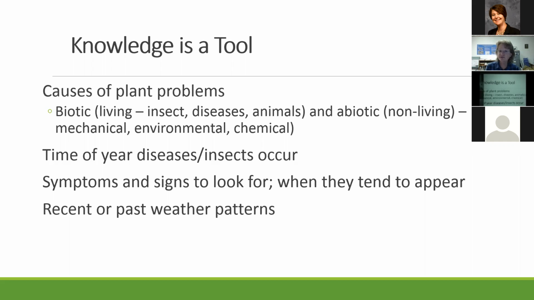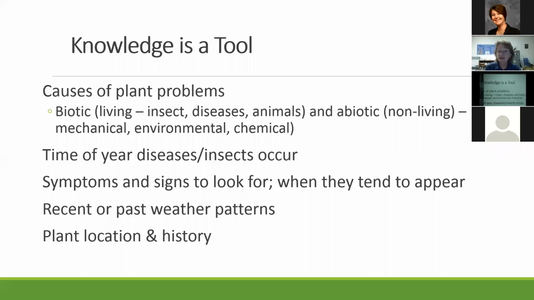But it takes 3 to 5 years, depending on the health of the plant to begin with, before we start seeing those symptoms. So a lot of times, what you're seeing actually infected the plant 3 or 4 or 5 years ago. So being aware of recent as well as past weather patterns, that's part of knowledge being a tool and helping to diagnose plant problems.